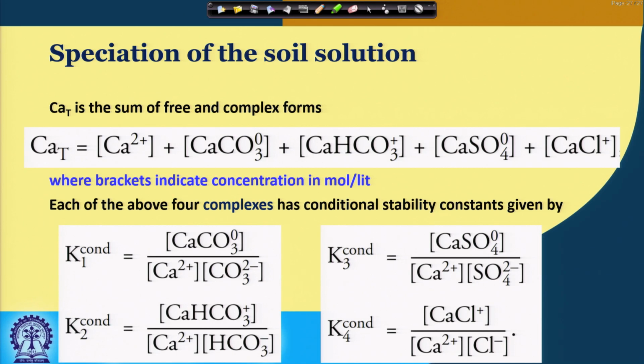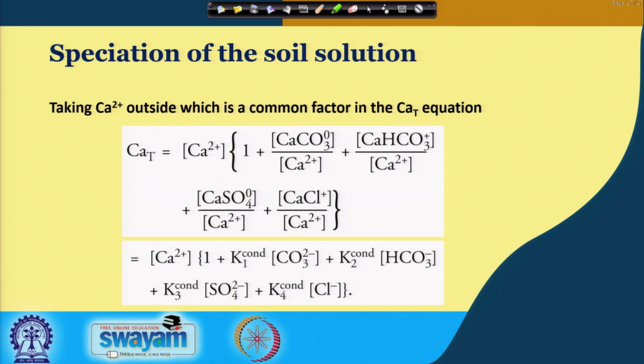Then we presented the sum of the free and complex ions in the form of equations, and we showed the conditional stability constant, or conditional equilibrium constant, for each of these complex forms: calcium carbonate, calcium bicarbonate, calcium sulfate and calcium chloride.